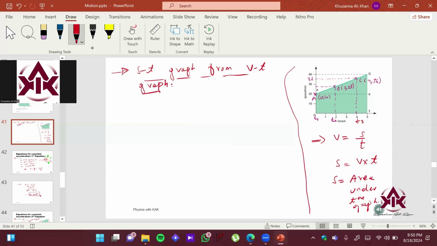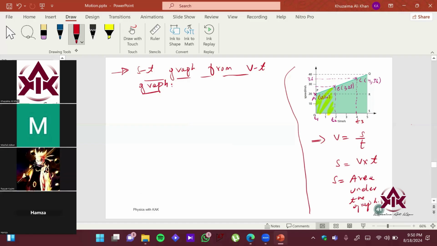So let's consider this first shape over here, which is this one, right? So since it starts from this particular point, and displacement in the start should be 0 because the object starts from reference point, right?